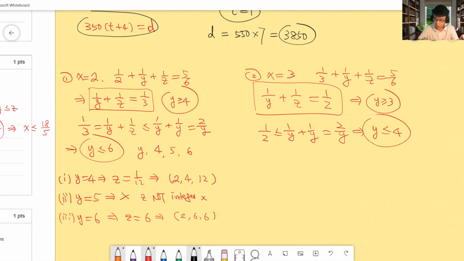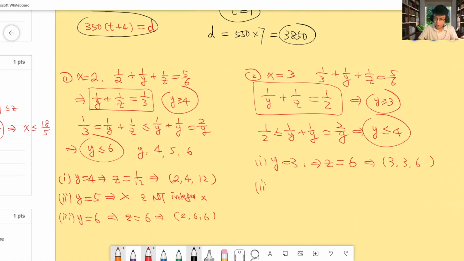Now we can discuss these two cases. If y equals 3, we can plug in and we get z equals 6. 1 over 3 plus 1 over 6 equals 1 over 2. So the solution for x, y, z is 3, 3, 6. Okay.